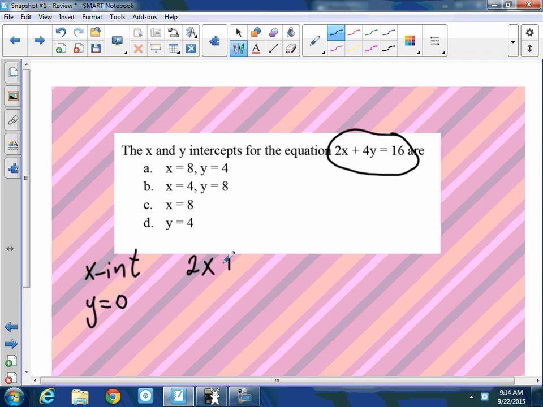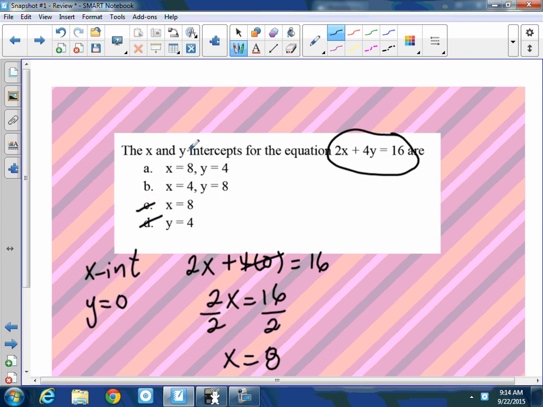So 2x plus 4 times 0, because that was y, equals 16. That's going to be 0, because 4 times 0 is 0. And then 2x equals 16. I'm going to divide by 2. And x equals 8. Okay, so it's definitely not C or D because it's asking me for the x and the y-intercept.